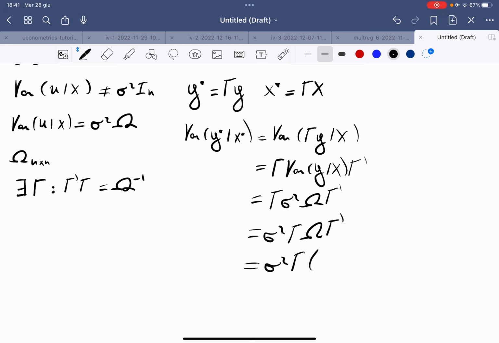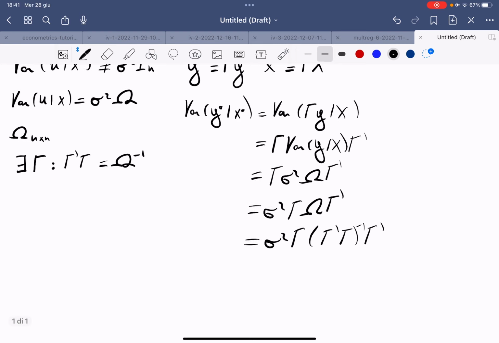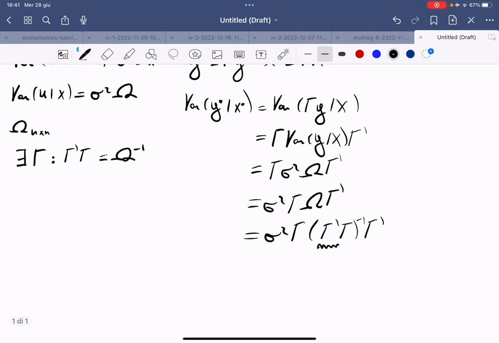that is equal to sigma squared gamma times gamma transpose times gamma inverse times gamma transpose. Since gamma is square and invertible, this is equal to sigma squared times gamma times gamma inverse times gamma transpose inverse times gamma transpose.